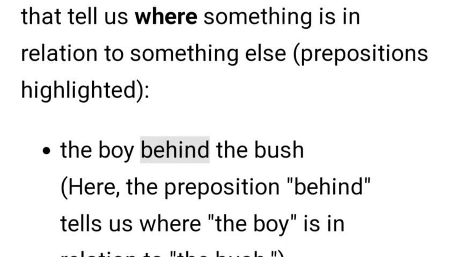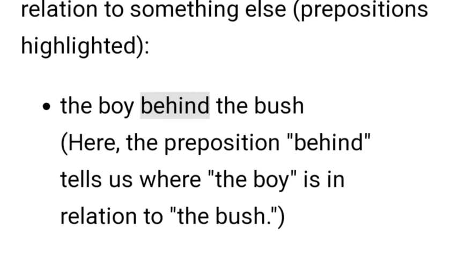Prepositions here are highlighted. The boy behind the bush. Here the relationship of the boy with the bush is shown, that is, where exactly the position of the boy is in relation to the bush. The preposition behind tells us where the boy is in relation to the bush.